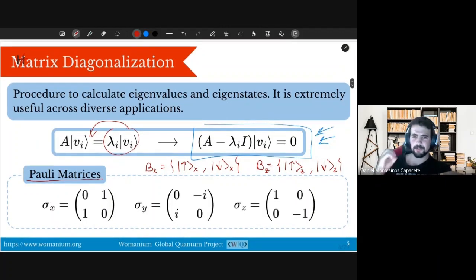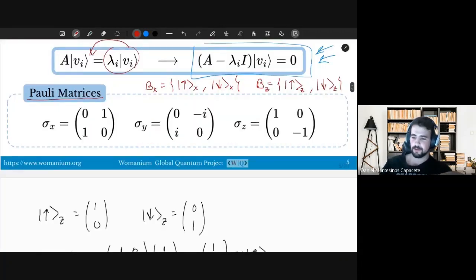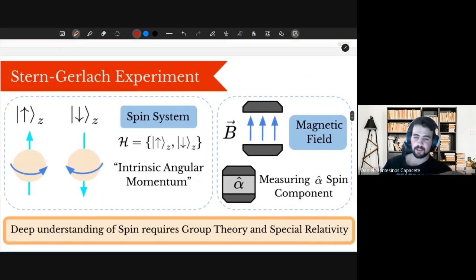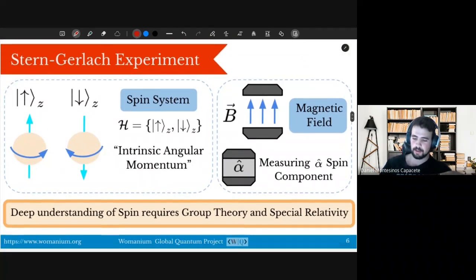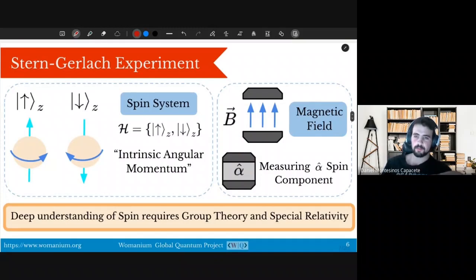So this is an important mathematical tool, right? And for quantum mechanics it is absolutely fundamental. So let's see a little of the Stern-Gerlach experiment.